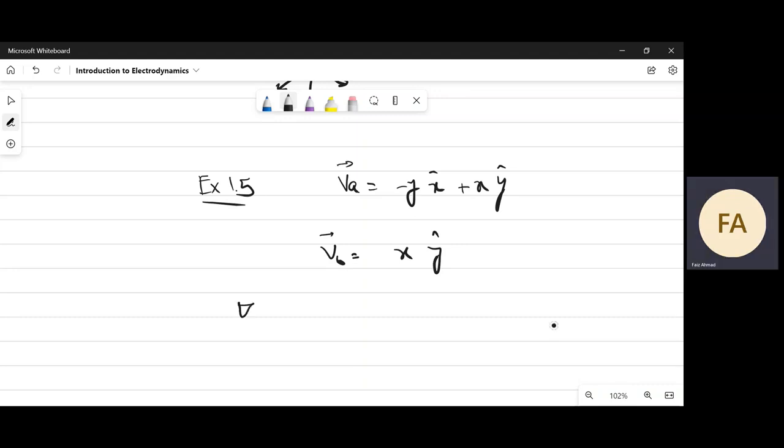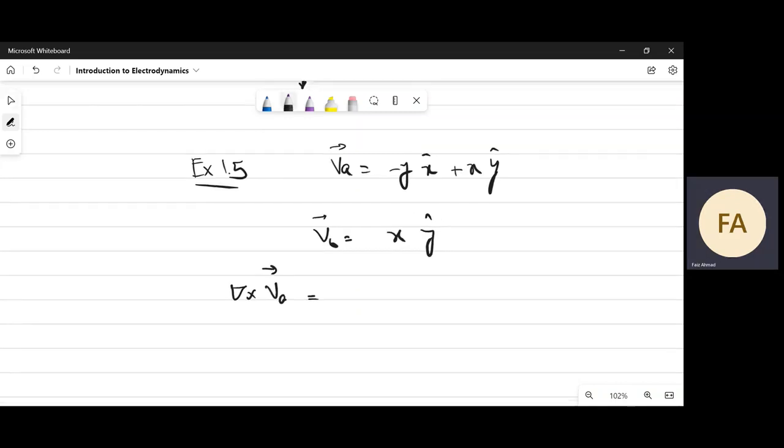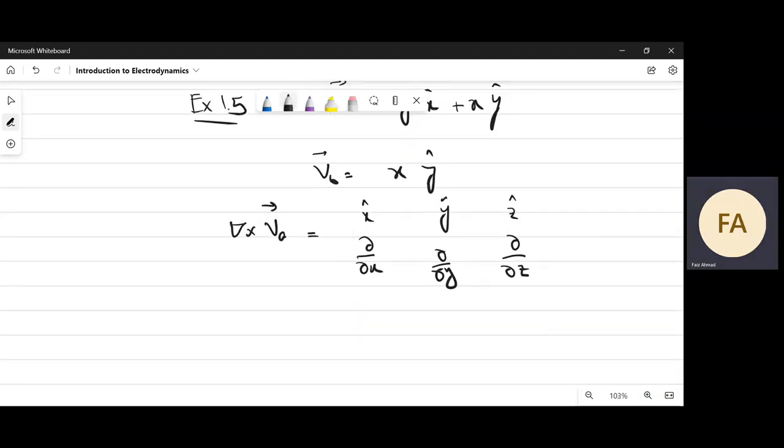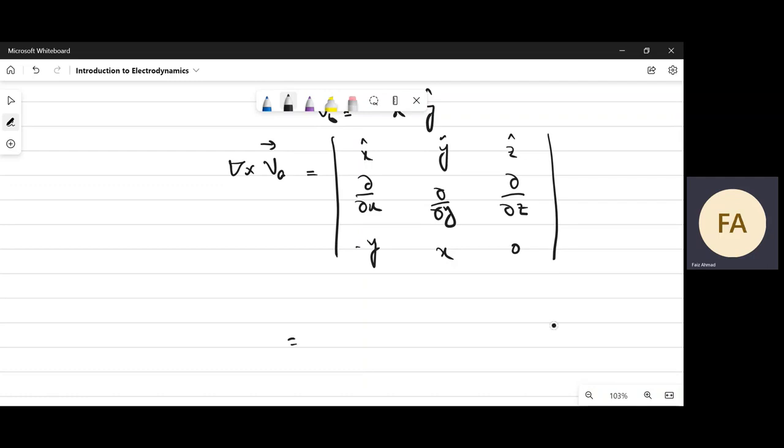So del cross VA is equal to, again, the determinant method: partial over partial x, partial over partial y, partial over partial z, and the component of x is minus y, the component of y is x, and there is 0. So we have to find this determinant.